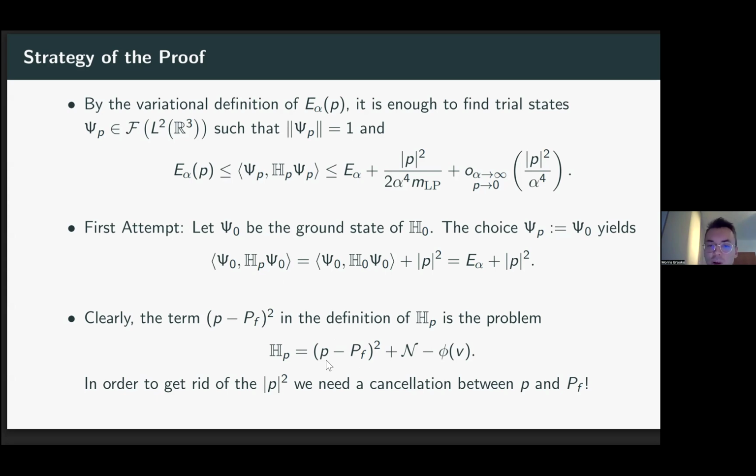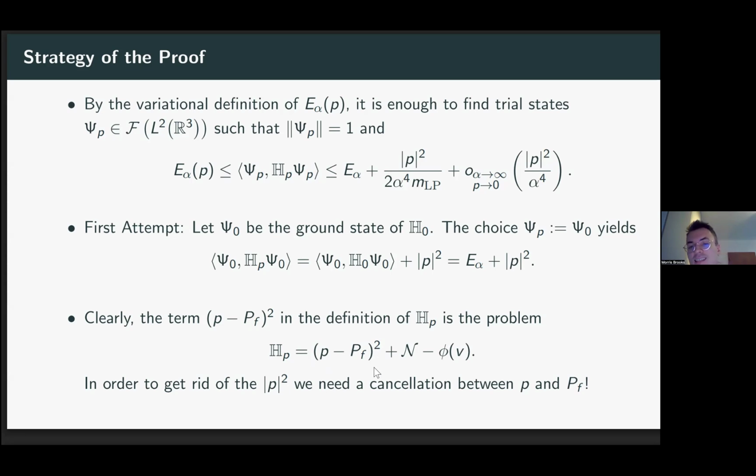And this is exactly the problem. You have here a p, and this p exactly translates to the p squared you have seen in this very bad trial state. So the only way to get a p that gets small with alpha is if we can get rid of this nasty p that has no alpha dependence. And you see this comes as a square: p minus field momentum, squared.